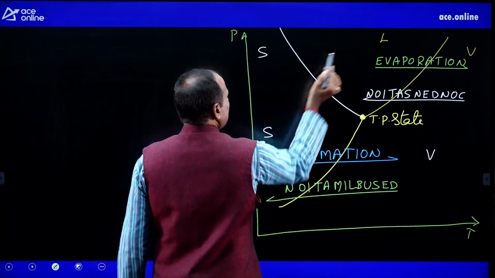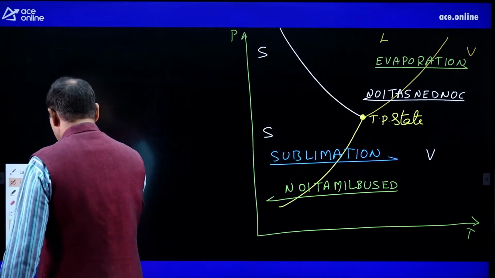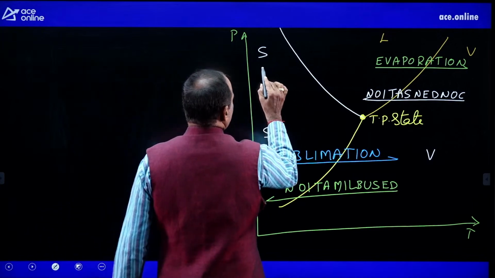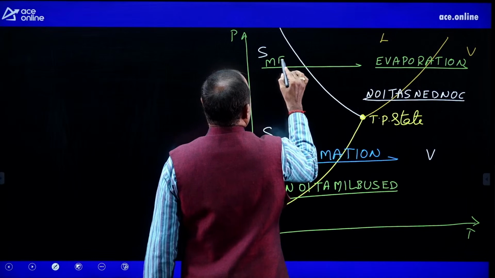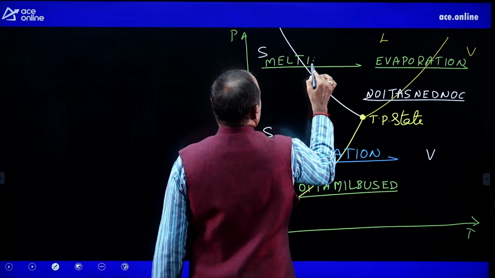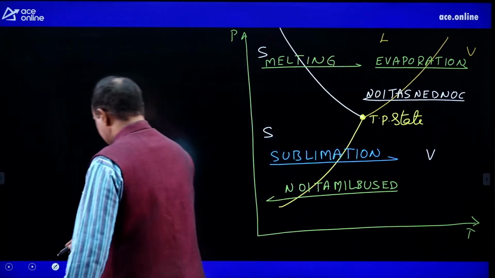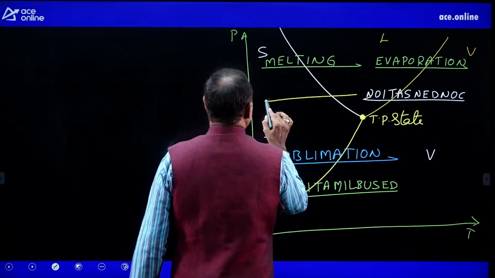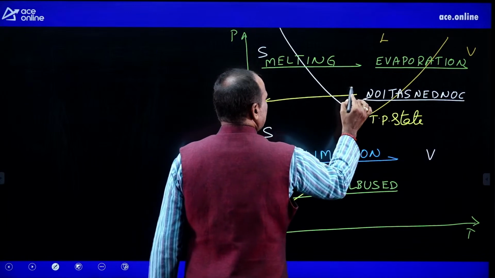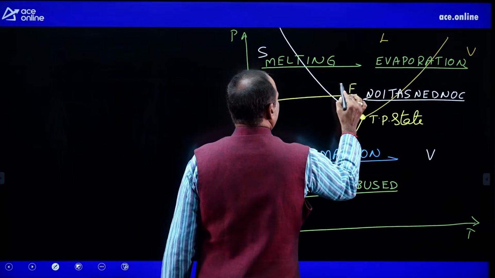So this is the solid, liquid. The phase change from solid to liquid is called melting. And the reverse process is called freezing. The phase change from liquid to solid is called freezing.